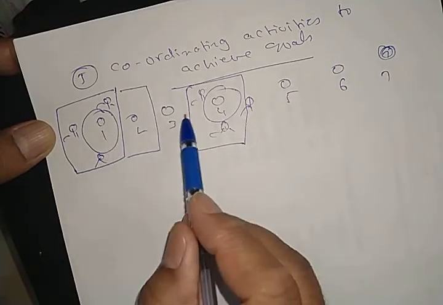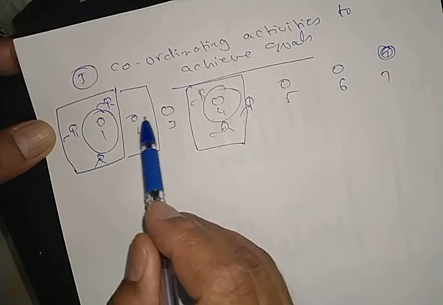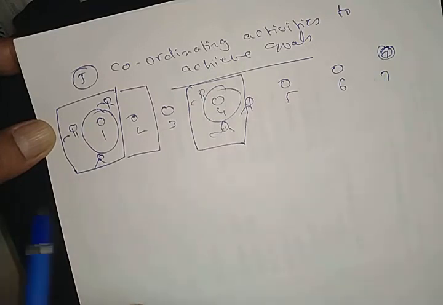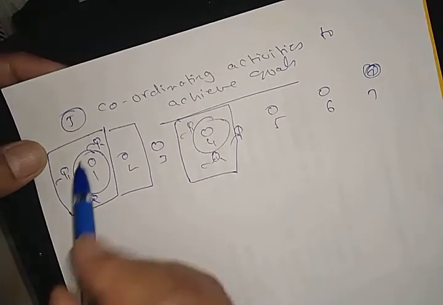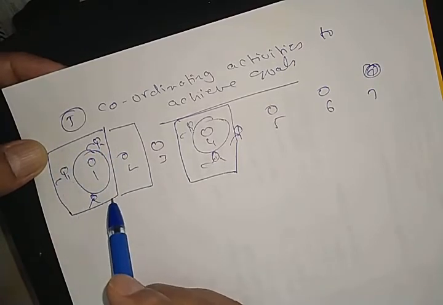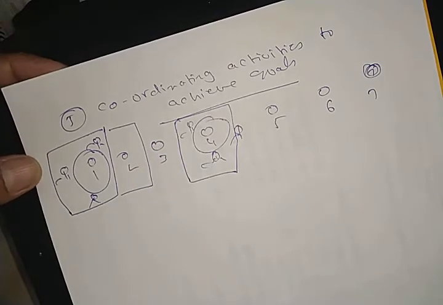First of all, coordination should be work-wise, meaning work number 1, work number 2, work number 3 should all be coordinated with each other, and then these employees should be coordinated within their unit as well as with outside units. So like this there should be coordination.